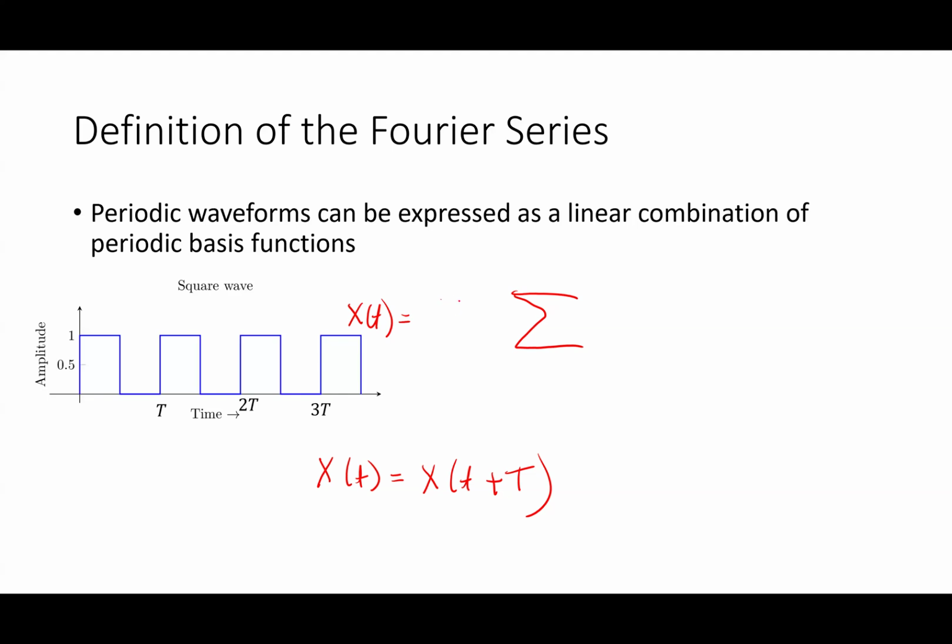What should I call it? I'm going to call it x0 for right now, some constant plus a summation from n equals 1 to infinity of a_n cosine n omega naught t plus b_n sine n omega naught t. Right? That's what this thing is.